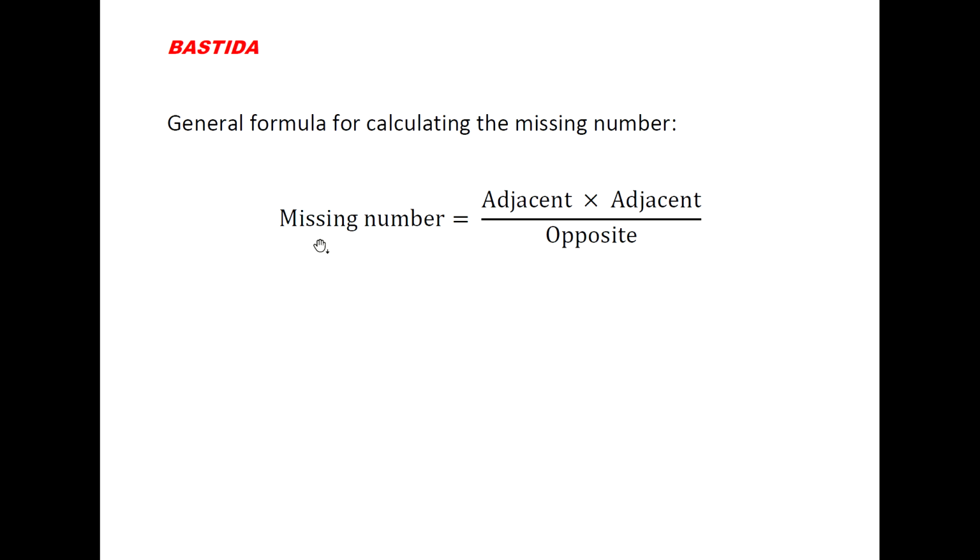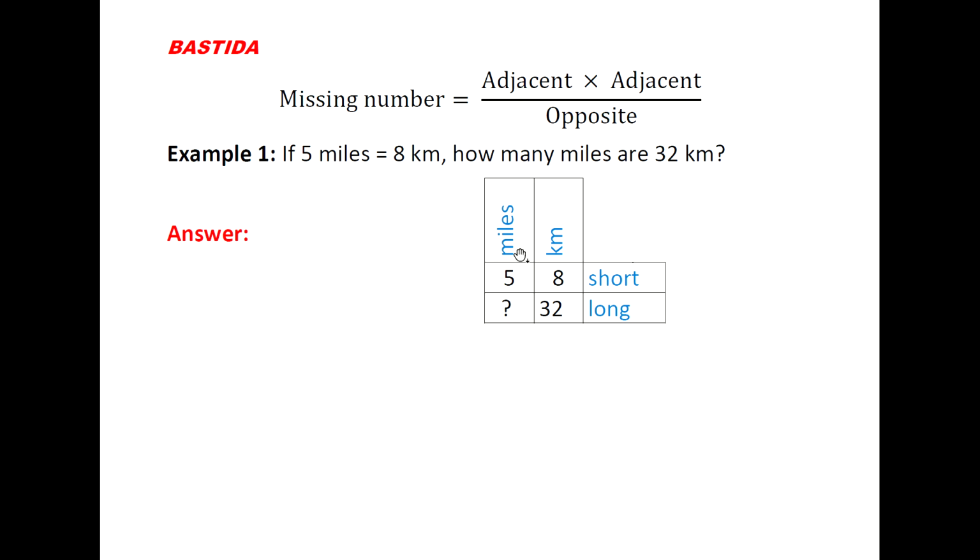The missing number is obtained by multiplying adjacent number by adjacent number and dividing by the opposite number. Okay, this is a very simple formula. We are going to see how this applies to the question we are doing. Okay, so the missing number is adjacent number times adjacent number divided by the opposite number.